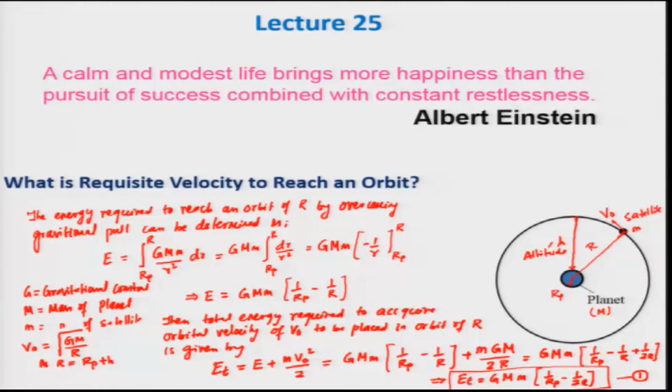So, therefore, we can find out, considering this total energy to be available for the vehicle as kinetic energy. So, we can say that kinetic energy of the vehicle, or the satellite, will be equal to half m v t square.